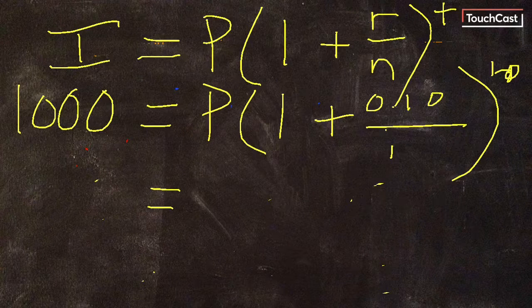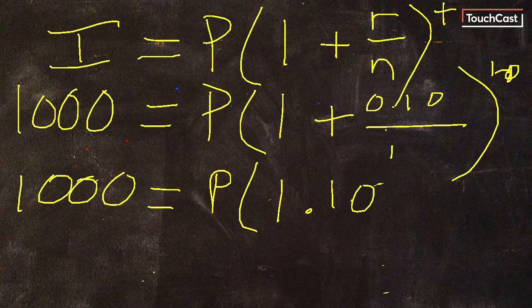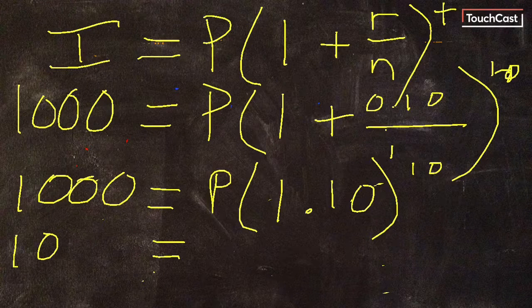Okay, so I'm going to solve the information that I do know. So 1,000. 1 plus 0.1 divided by 1 is 1.1. So 1.1 to the power of 10.